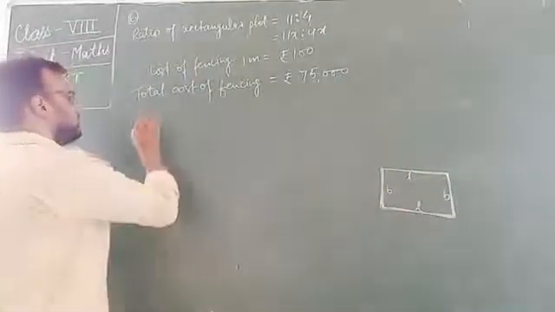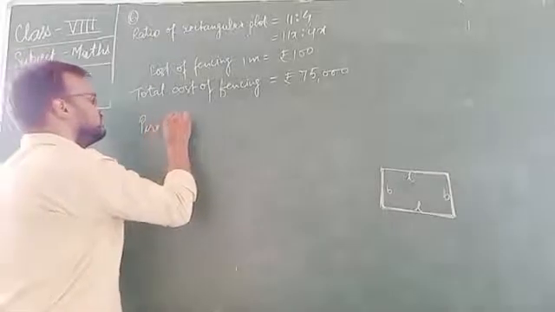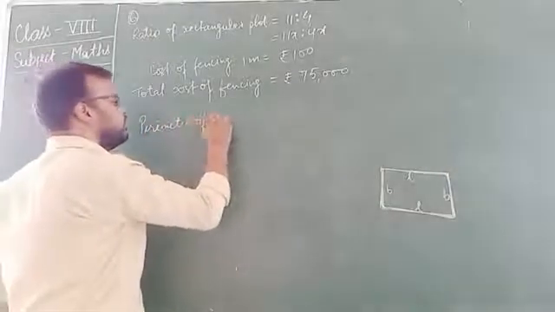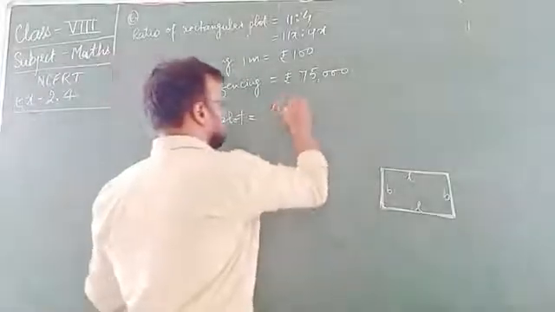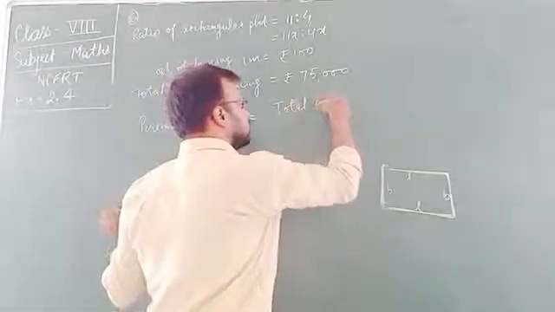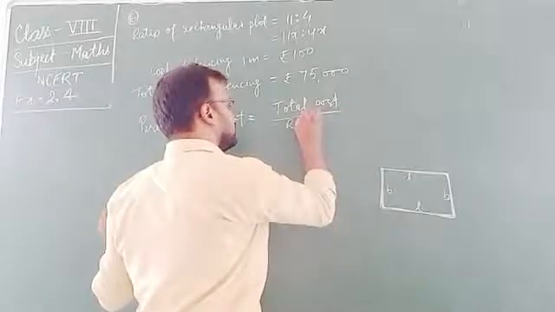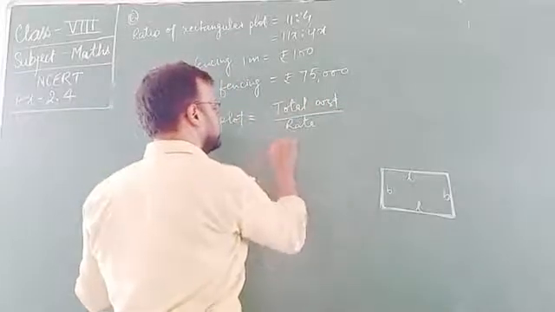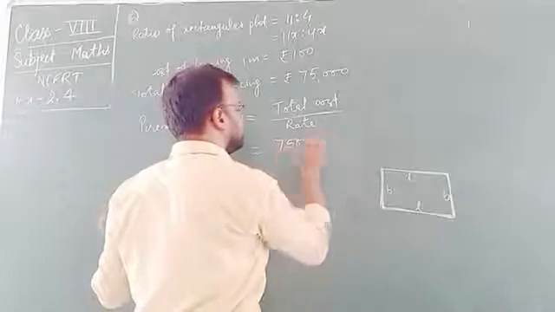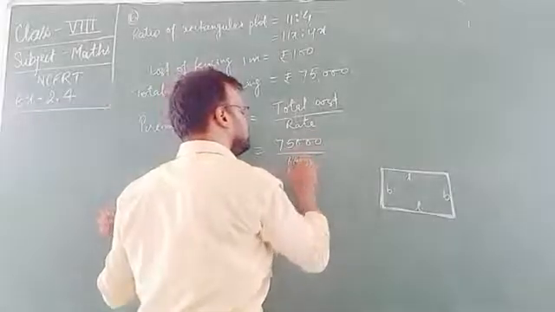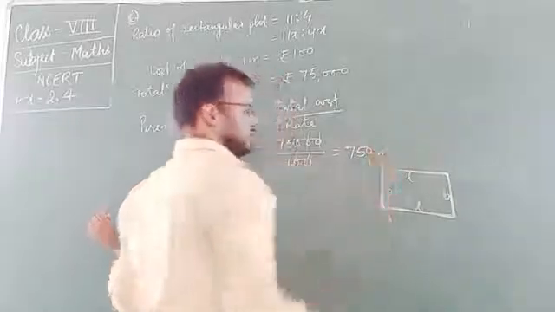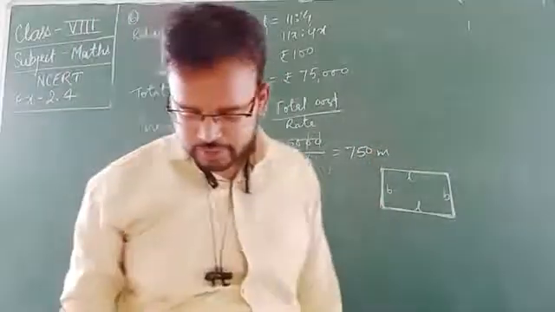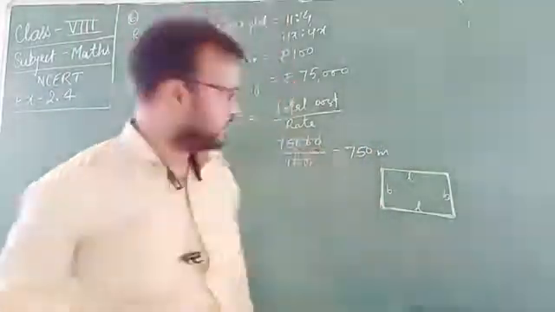So, perimeter of the plot equals total cost upon rate. What is the rate? 100 rupees. That is total cost 75,000 upon 100. Double zero cancel out. This is equal to 750 meter. Now, what is the dimension of the plot?